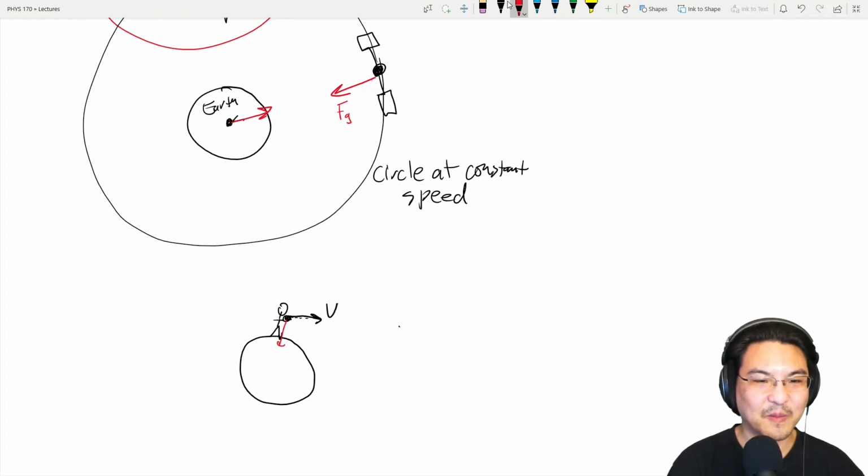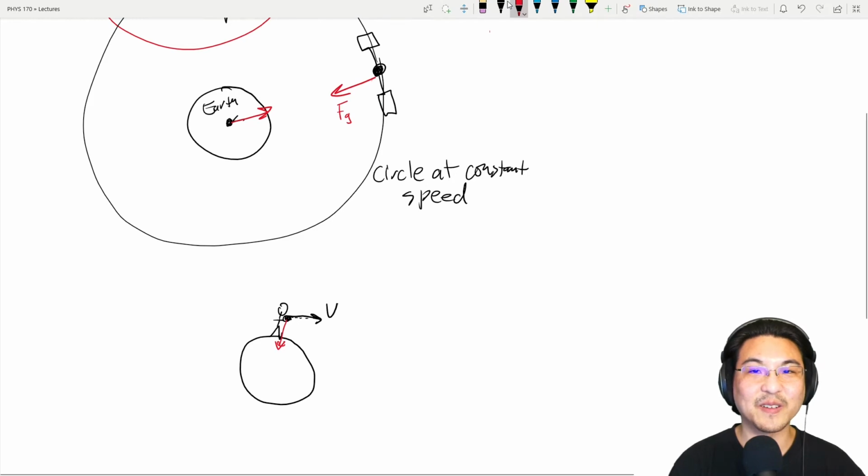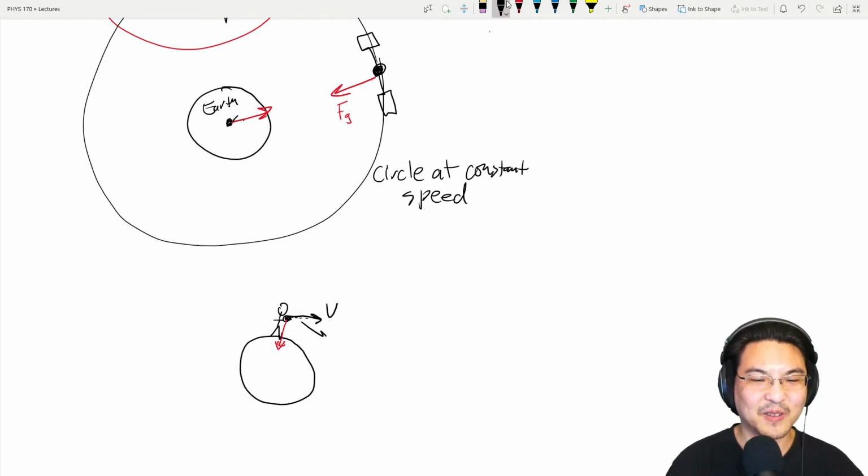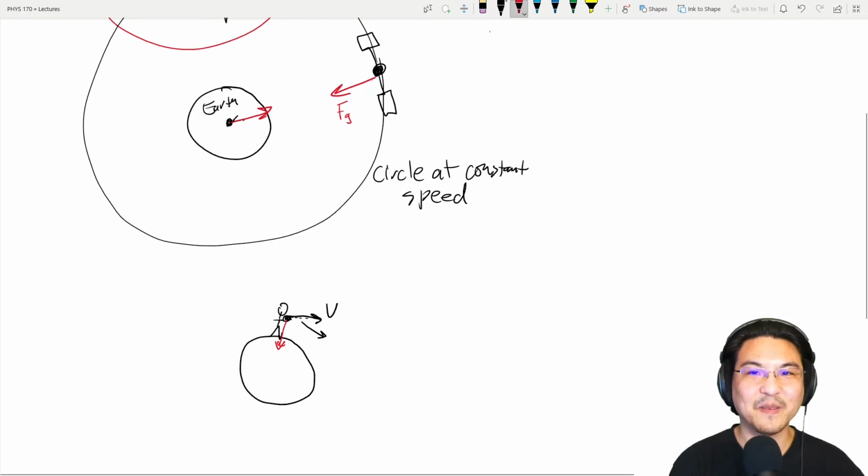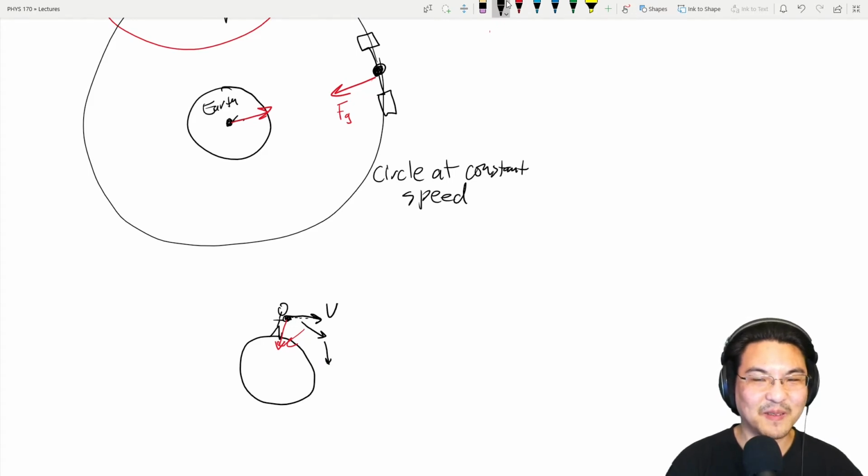So this way, the acceleration. And so the velocity changes direction, right? So then later the velocity changes direction. And then now the acceleration is this way toward the center of the Earth. So the velocity changes direction again. The acceleration is toward the center of the Earth. So the velocity changes again. And then it follows and it falls.